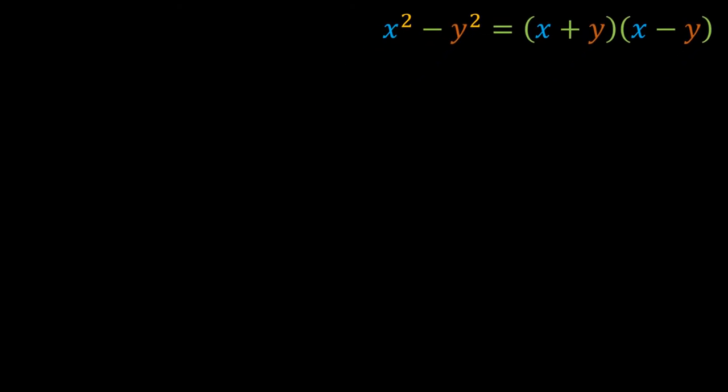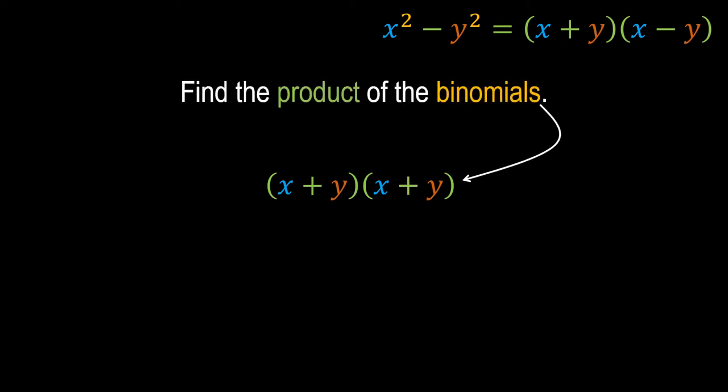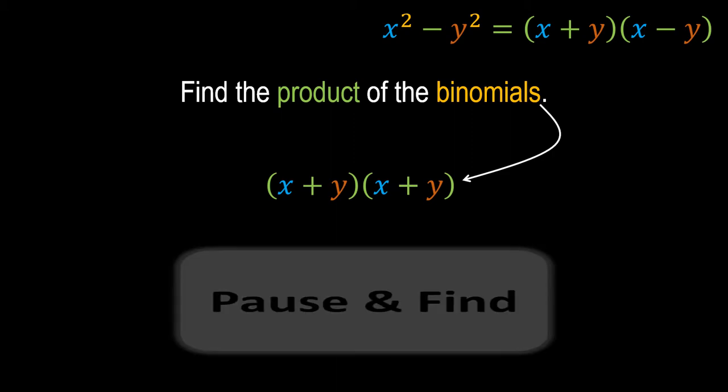Now for the next identity, I am having the same binomials. Now I am changing the sign of the second binomial and making it a positive sign, and you are again supposed to multiply these two binomials.